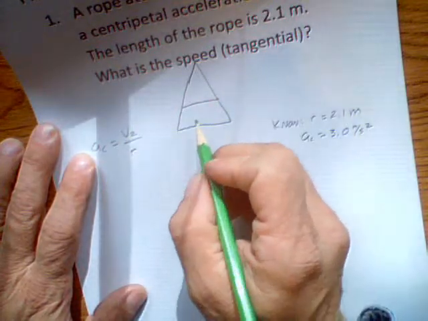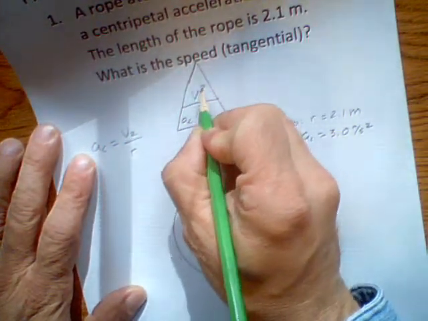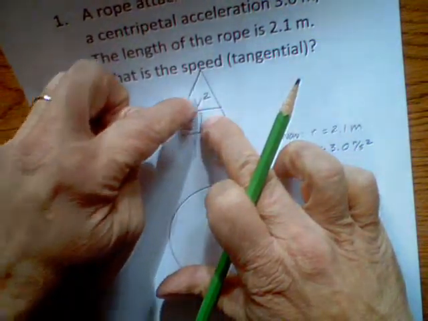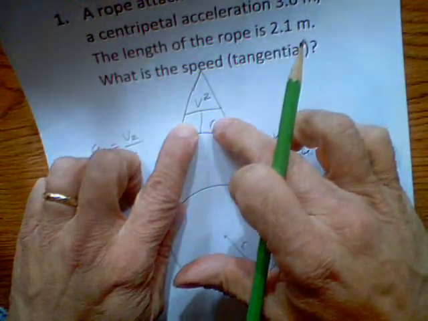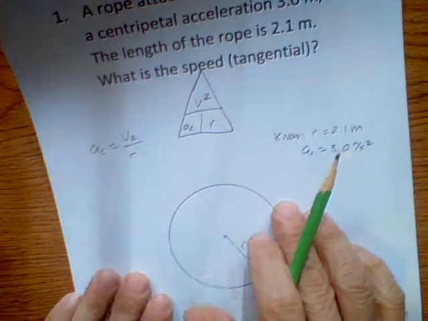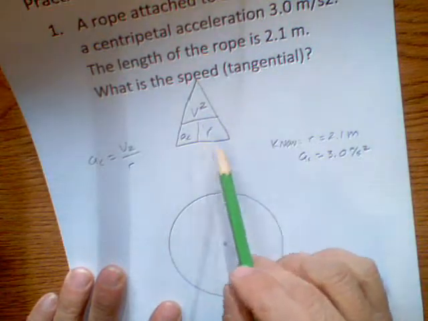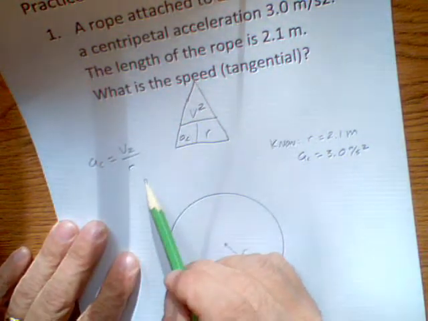We want v squared. If you want r, you would divide these two. If you want a c, you would divide these two. And if you want v squared, you multiply these two. All right. That's what you remember from setting up that triangle whenever you did density. It was the exact same relationships.